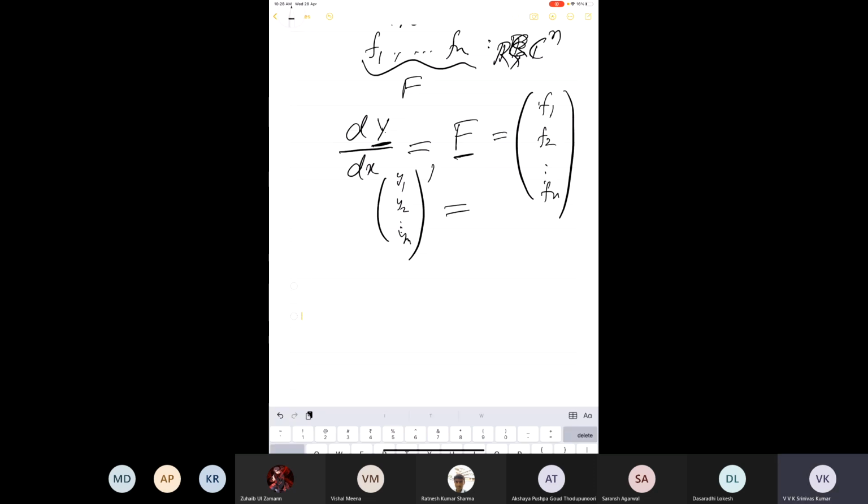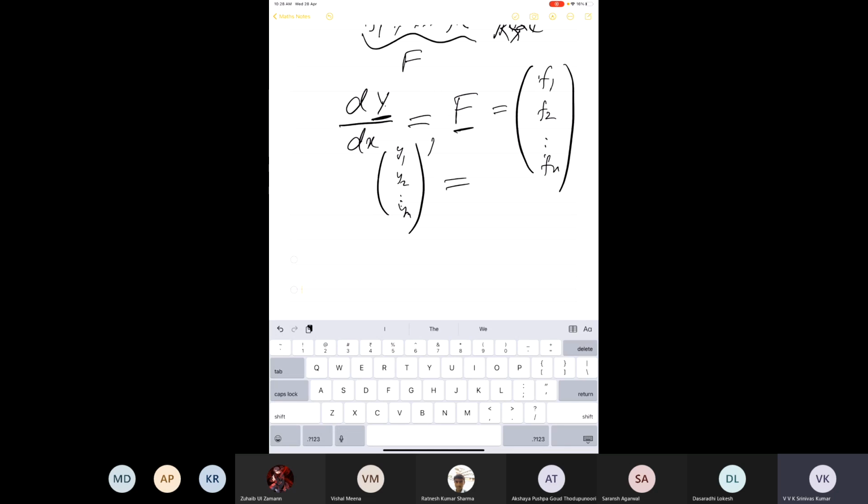So instead of a single equation, we now have a first order vector equation.